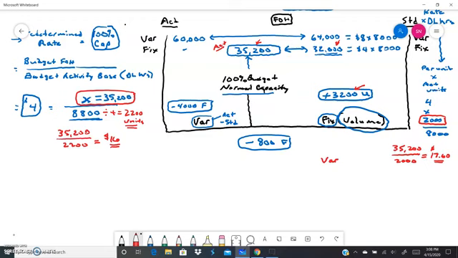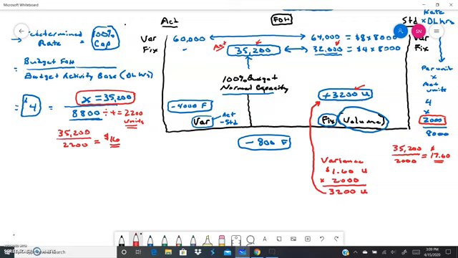So the variance is $1.60 more expensive, or unfavorable, per unit. We produce 2,000 units, and therefore the total variance is $3,200 unfavorable. And that is, in fact, the same as the variance we calculated.